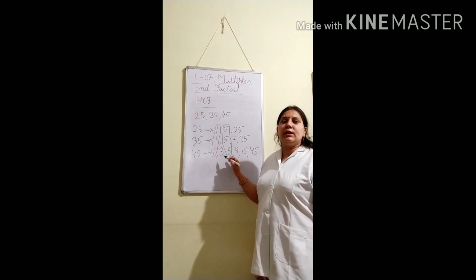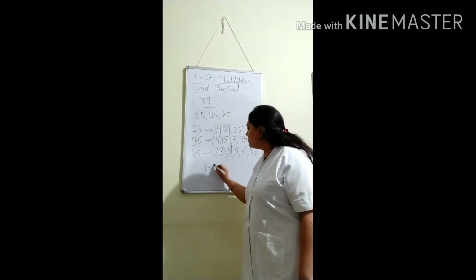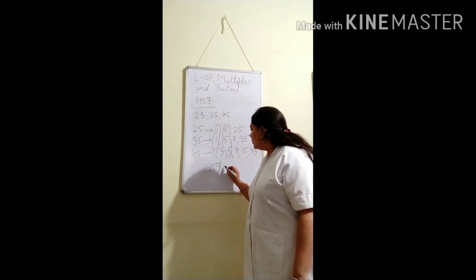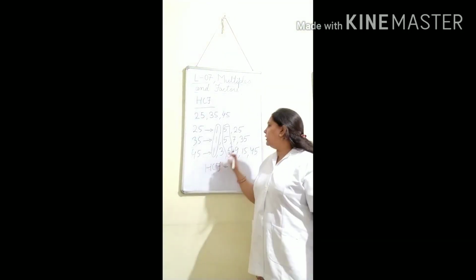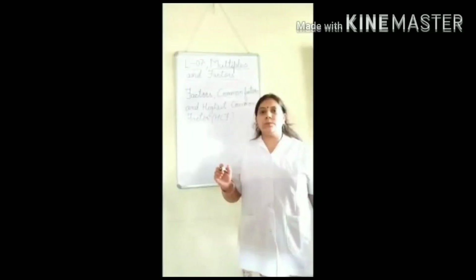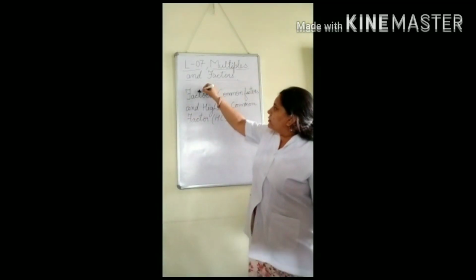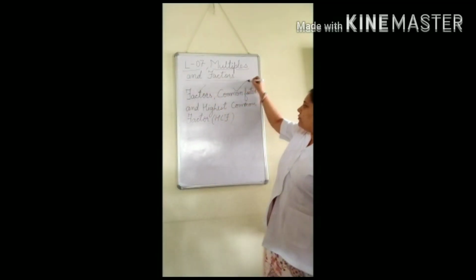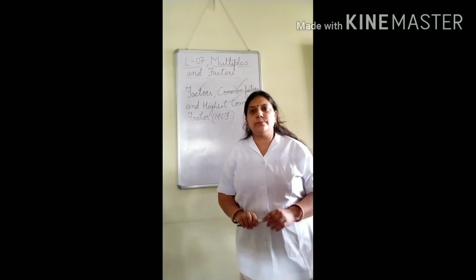Here 5 is the highest among them. So HCF of 25, 35 and 45 is 5. Now students, you understand what are factors, what are common factors and what is the highest common factor.